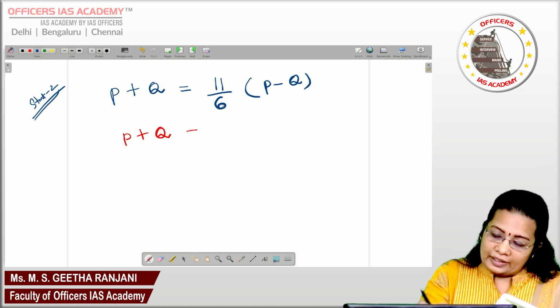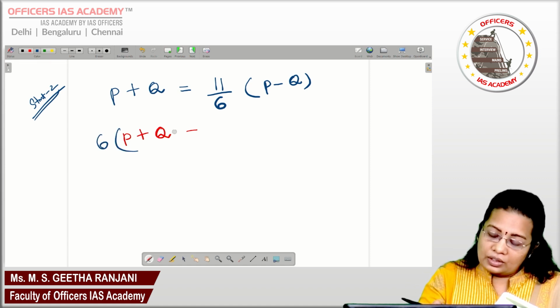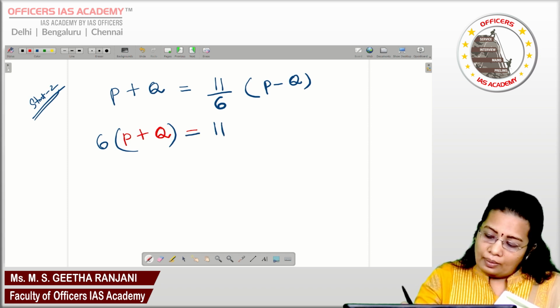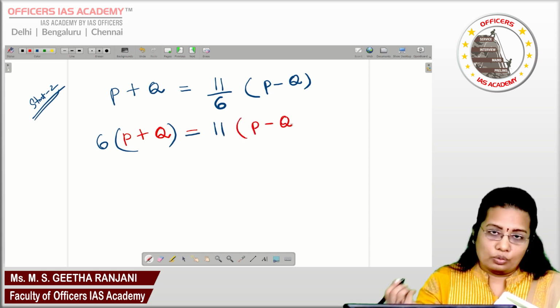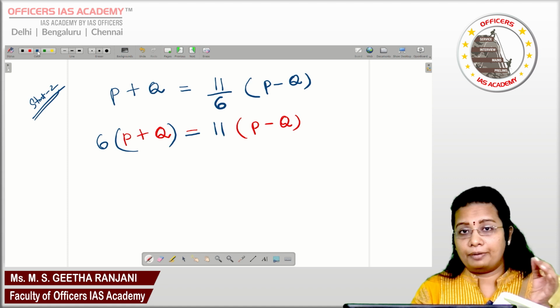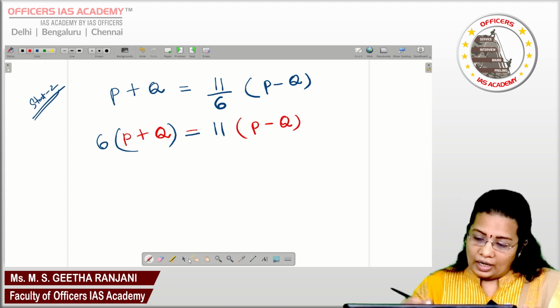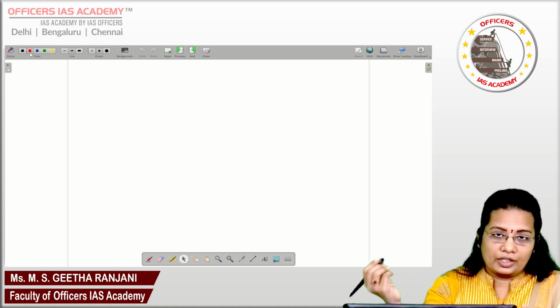So let me take cross multiplication: 6 into P plus Q is equal to 11 into P minus Q. Also given P and Q are 2-digit numbers, and reversing P we get Q.